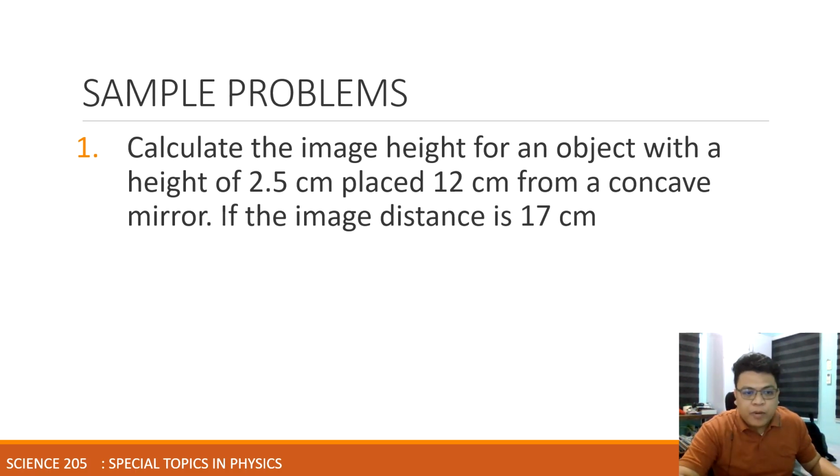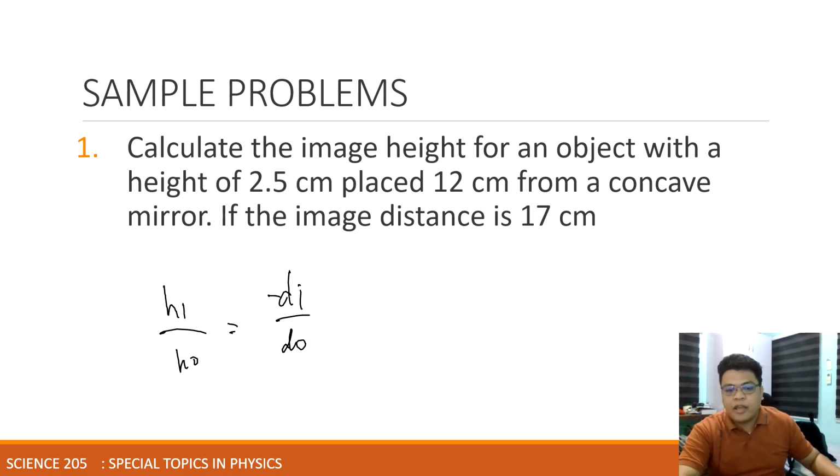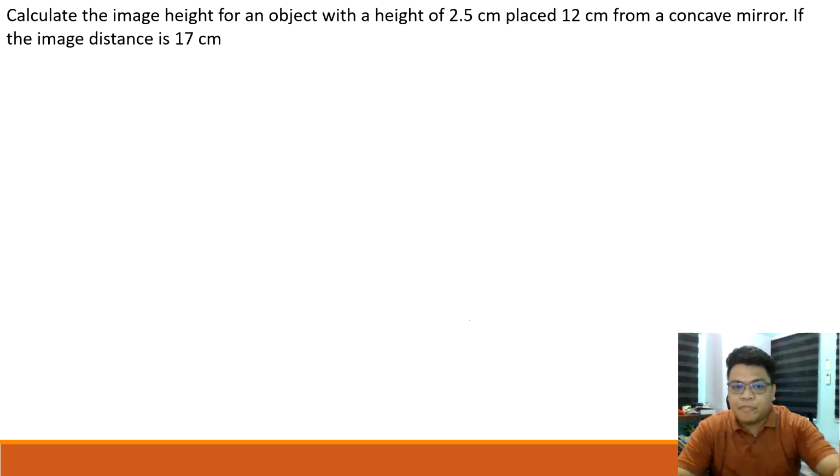So here in our problem, we need to actually use the formula for the combined magnification. So we need to use the formula HI over HO is equal to negative DI over DO. Okay? So let's now solve the problem.